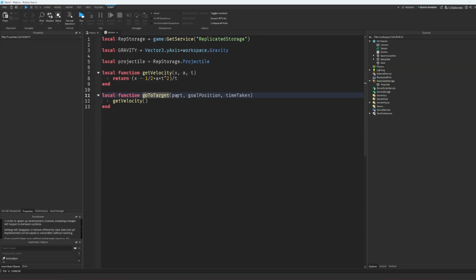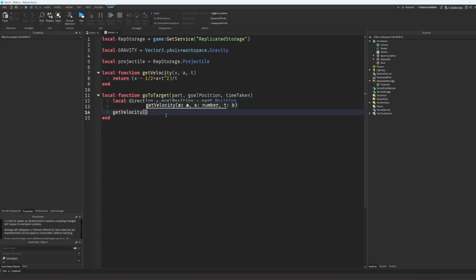We need a direction, and that direction is just the final position minus the initial position. So our direction, or our x, is the goal position minus the part's current position.